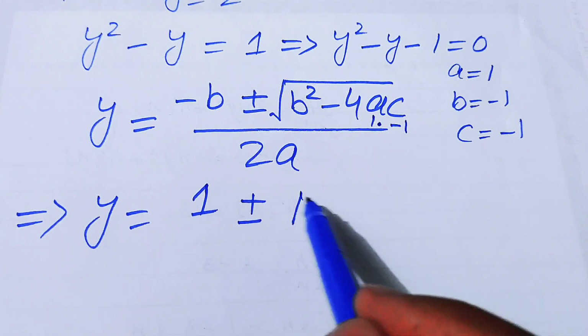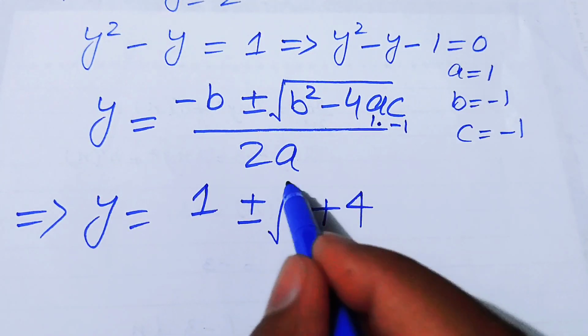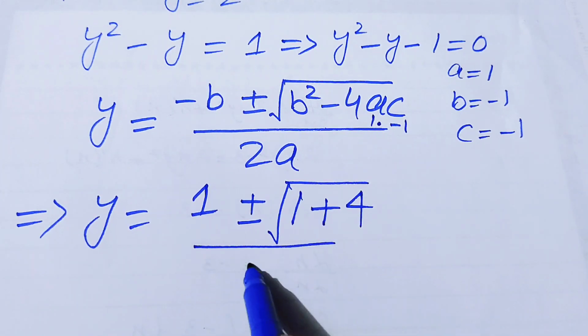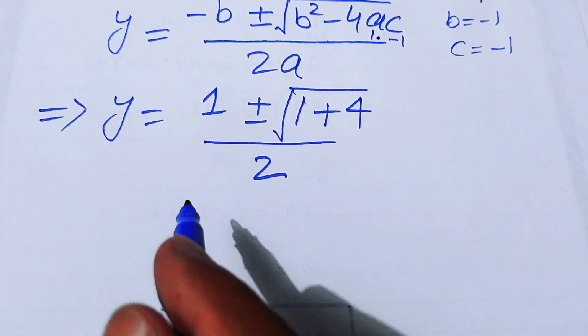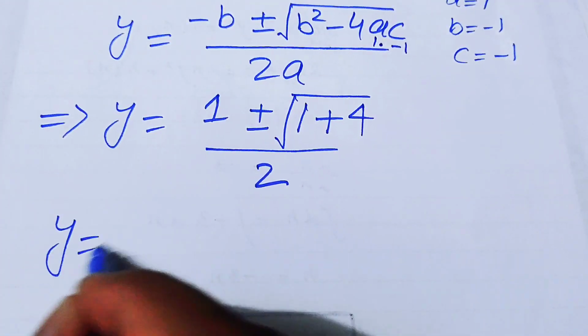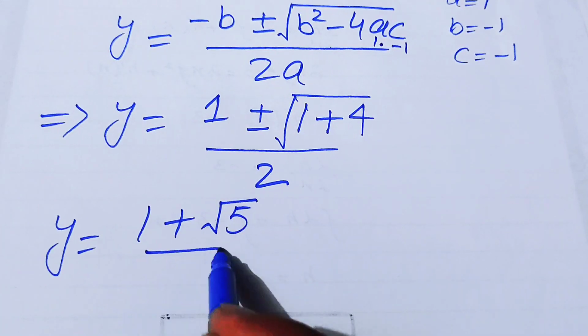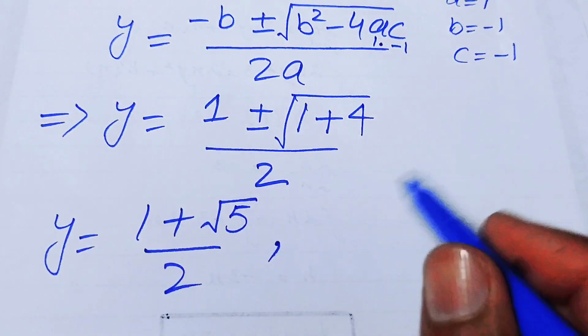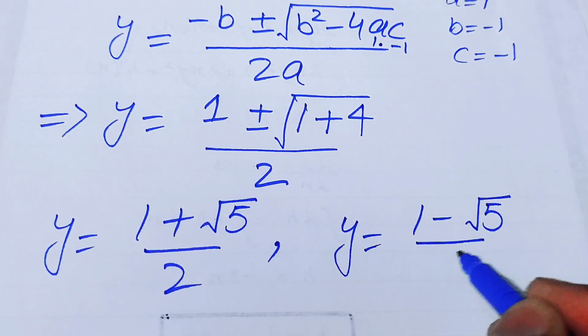So this minus minus plus, and 4 ones are 4 and its whole square root over 2 times 1 is 2. So now we have two cases. The first case is we take y is equal to 1 plus square root 5 over 2, and the other case is we take y is equal to 1 minus square root 5 over 2.